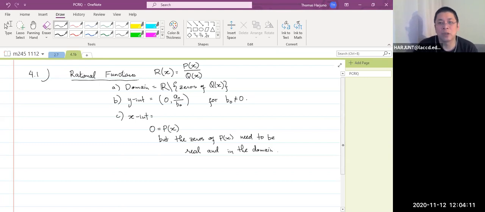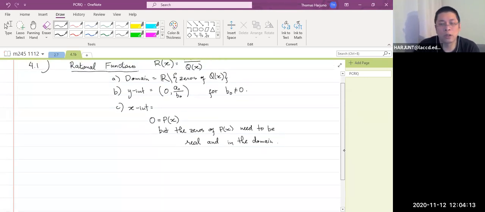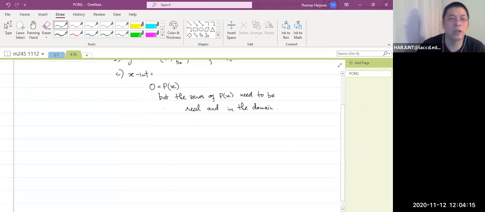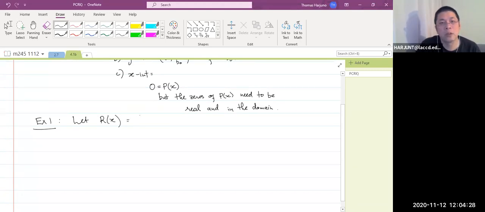Okay, now let's do one example before I go on with the horizontal asymptote and vertical asymptote, just to remind ourselves what we have done before. Example 1, let a rational function R(x) equal x squared minus 5x plus 6 over x squared minus 4.